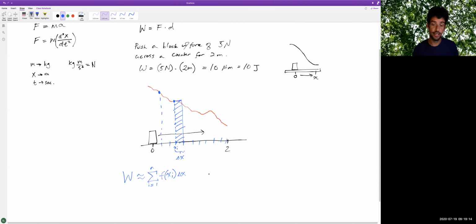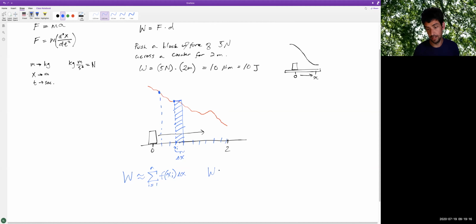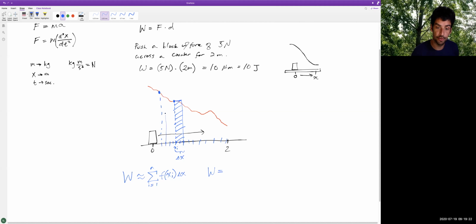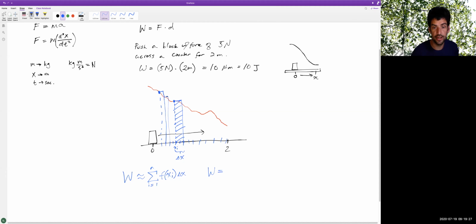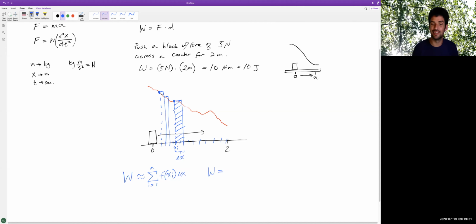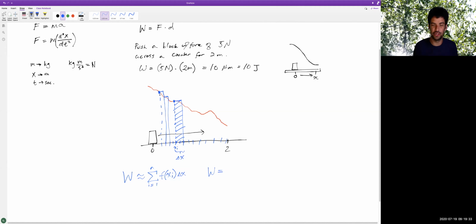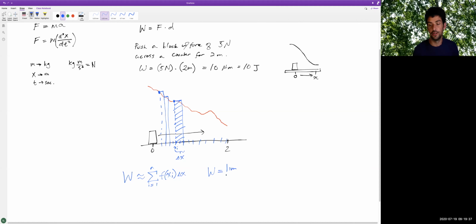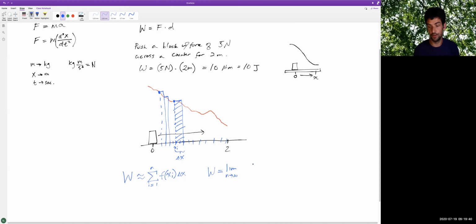So then we would take the work to be, right? We could get a better approximation if I made these intervals smaller, because then I would get, for instance, here, one rectangle there and one rectangle there. Even though there's still approximation, they're better approximations because there's less interval for the force to change on. So we're closer to the true value at each case. In other words, we let the number of intervals go to infinity.